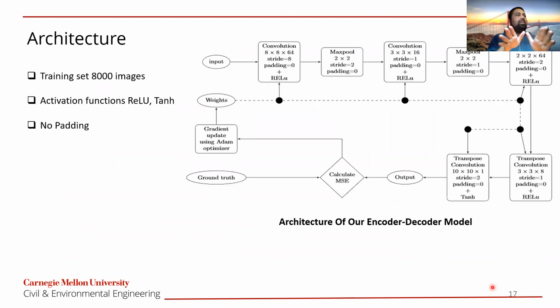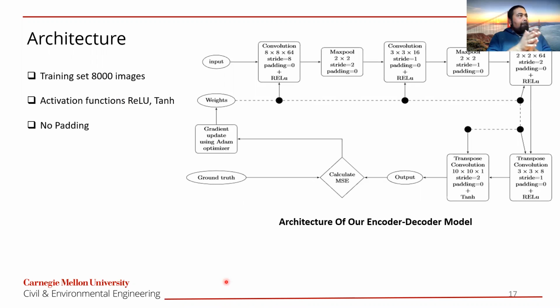I will just explain the details. We have this simple architecture. This is my encoder, and this is my decoder part, and we have trained on these images using 8,000 data set. I will explain later how we decided on these 8,000 images.